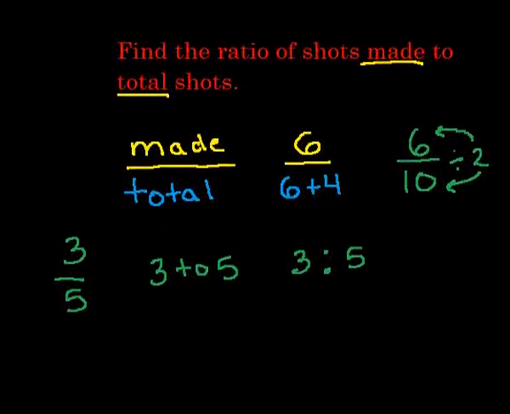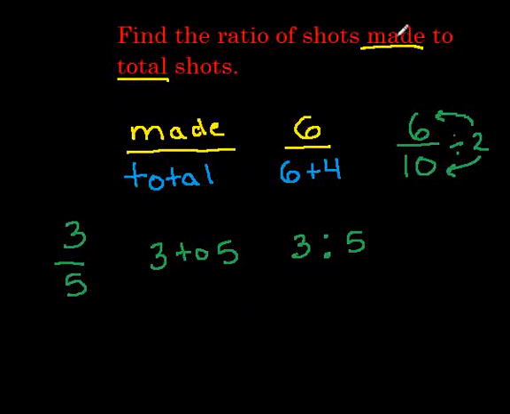Let me give you a little visual of what this means. And so ultimately, if I make 3 shots, then I took a total of 5 shots. Or, for instance, if I take a total of 5 shots, so let's see, here's 1 shot, 2 shots, 3 shots, 4 shots, 5 shots.